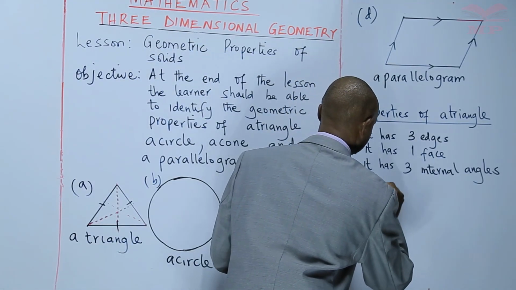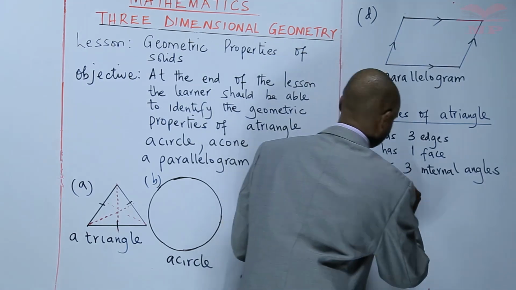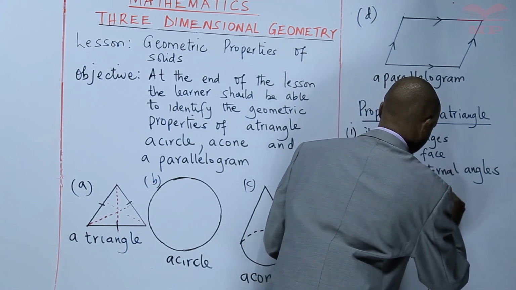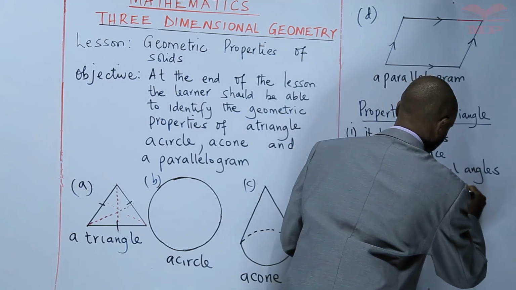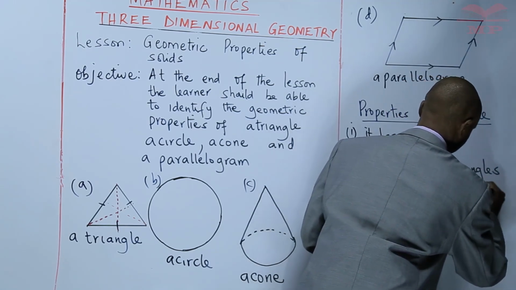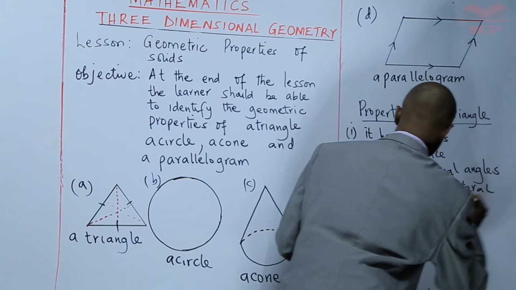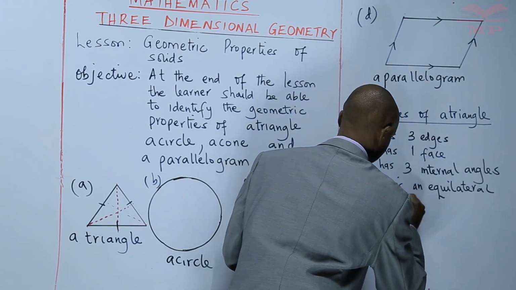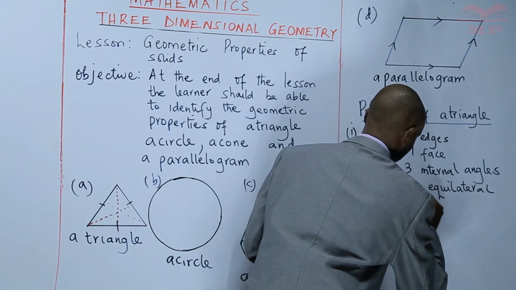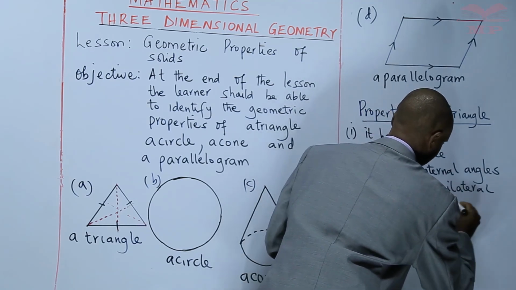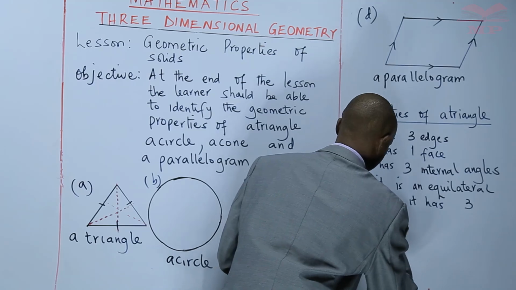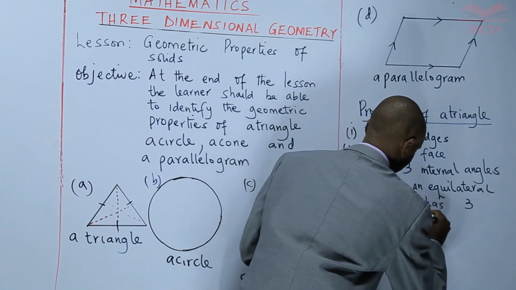So if it is an equilateral triangle, it has 3 planes of symmetry.